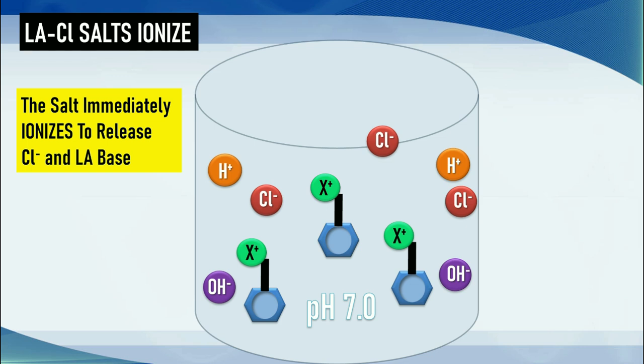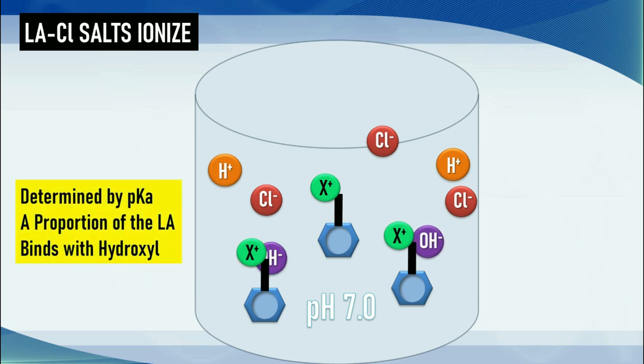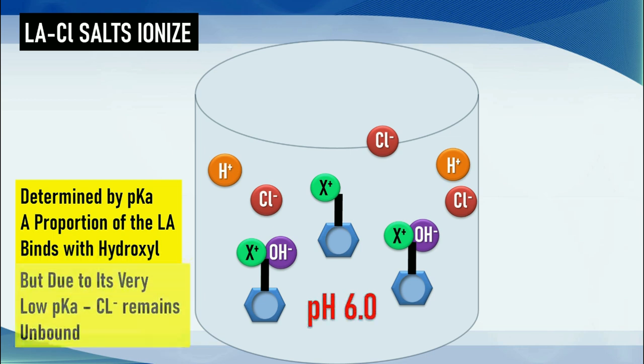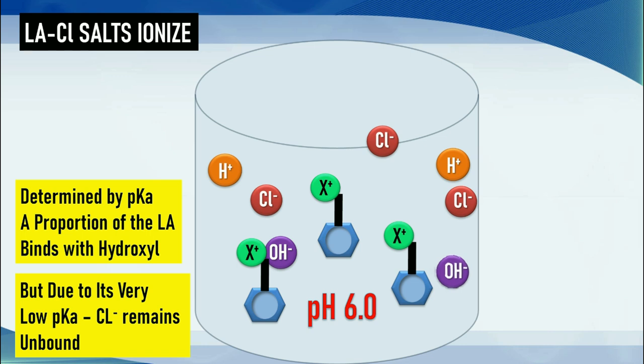The local anesthetic is a weak base, so it will bind up with a significant amount of hydroxyl present in water. Because the ionization of chloride is 100% and the ionization of the local anesthetic is low, the pH falls. As the pH falls, the degree of ionization of the local anesthetic increases, eventually equalizing the pH of the liquid to 6.